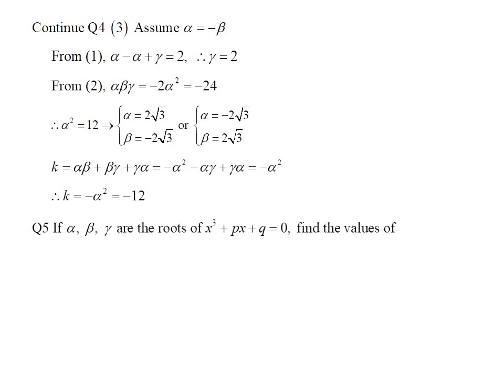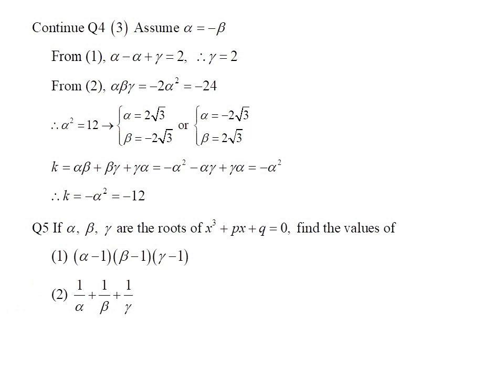Example 5 is a monic cubic polynomial equation of x cubed plus px plus q, and it has alpha, beta, and gamma as three roots. There are 4 questions that follow. The first one is to find the value of the product of alpha minus 1, beta minus 1, and gamma minus 1.